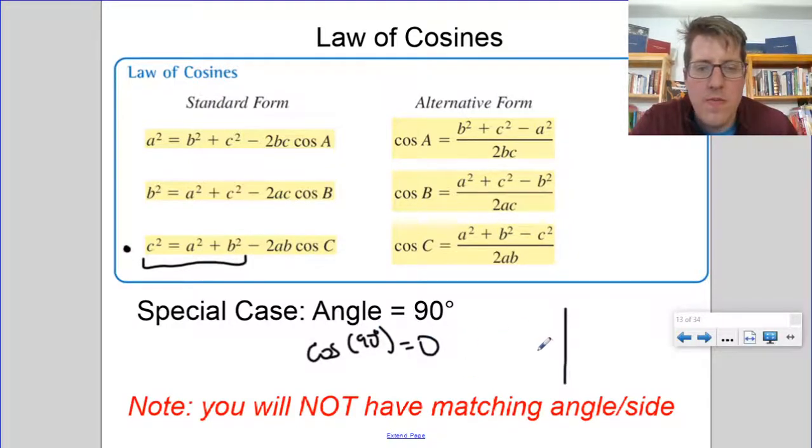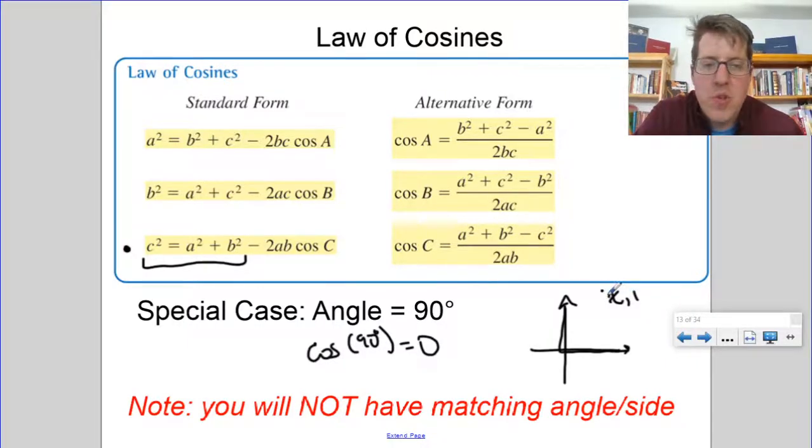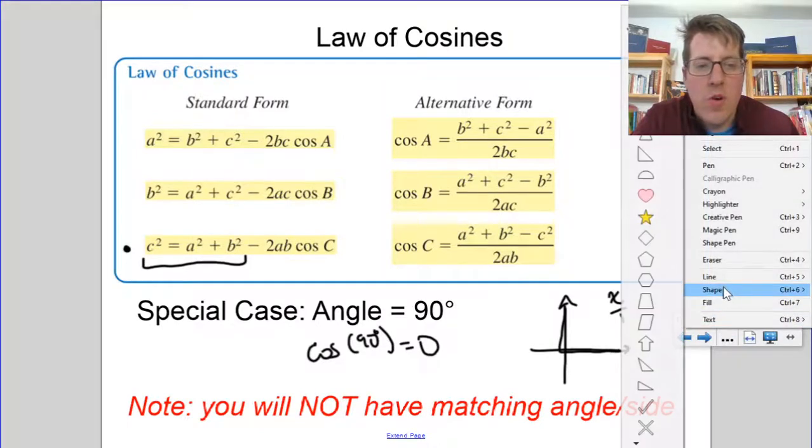Well, why? Well, here's a 90-degree angle. Its cosine would be x over 1, if we were in the unit circle.